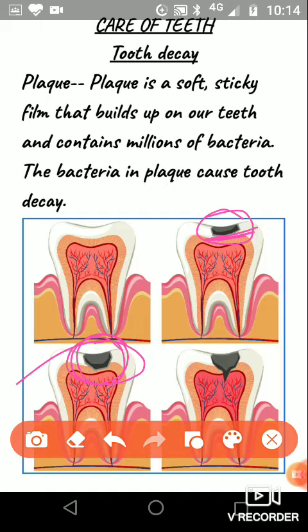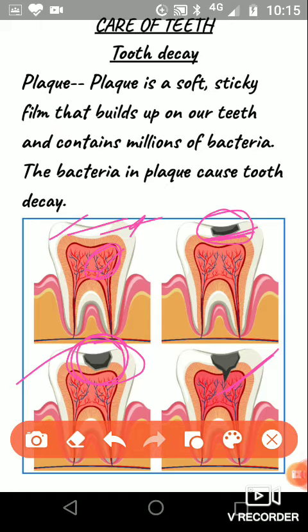Decay starts in the enamel, and these two parts are very sensitive. Dentine is not very hard, not soft, but in between, and it is sensitive.